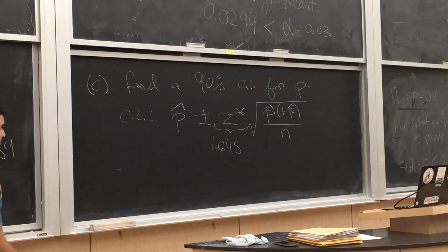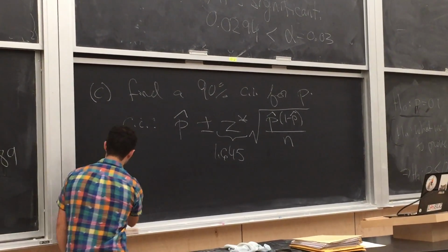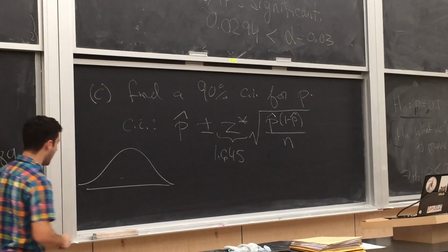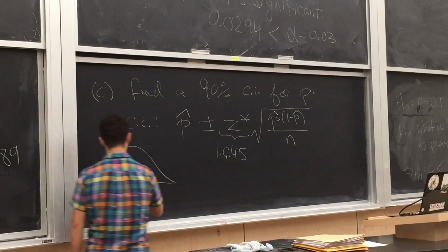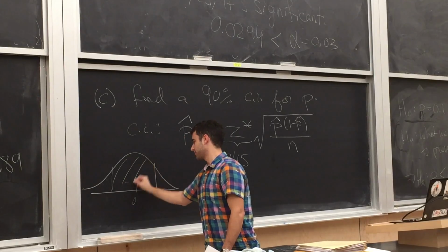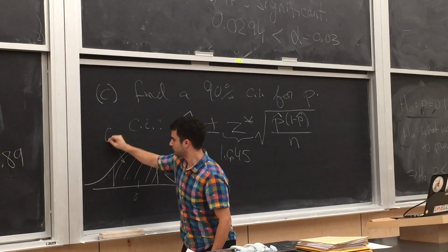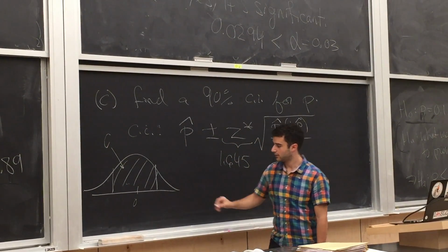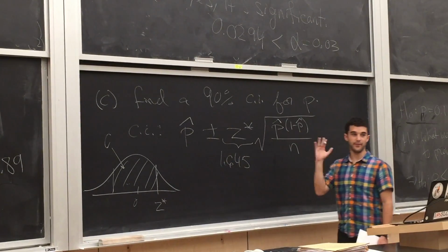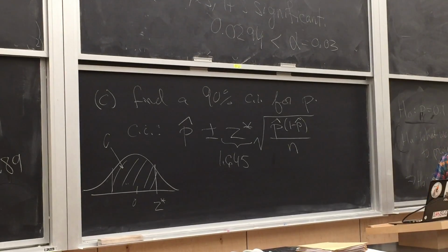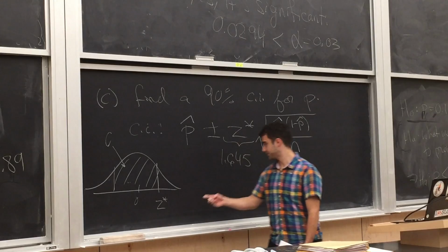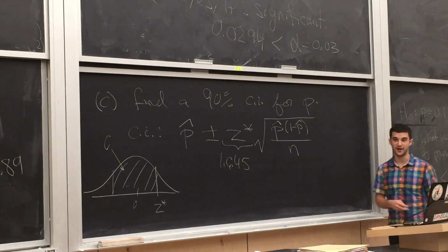The reasoning, the way you get that, is you should think about having a standard normal distribution where the area in the middle is C, and your z star is the right boundary of that. So if you figure out what this is, it's 1.645.